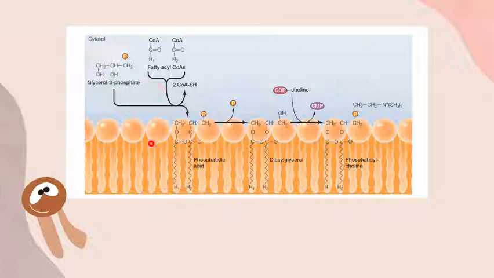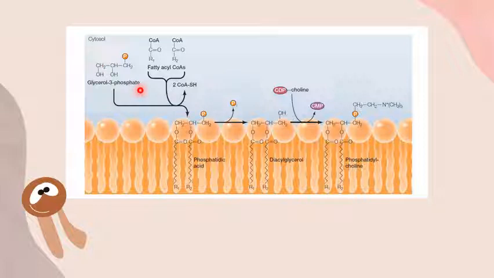As you can see here, the glycerol phospholipids are synthesized in the ER membrane from cytosolic precursors, so it stays on the cytosolic side.